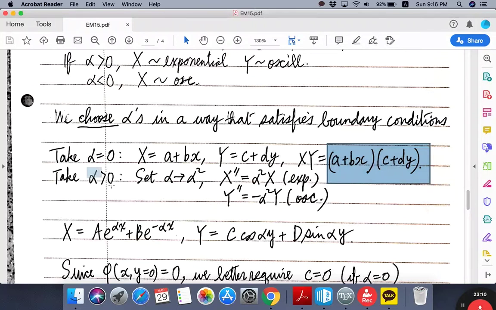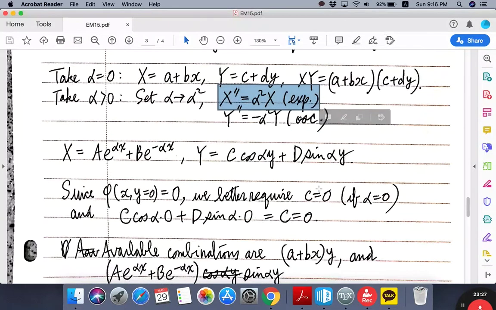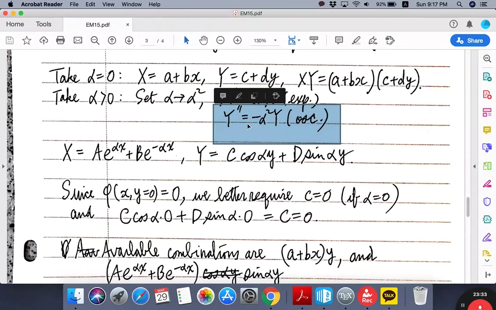Okay, now let's move to the case where we assume that alpha is a positive number. In that case, I can write alpha square instead of alpha. Then the equation for x will be this one, and the equation for y will be this one.